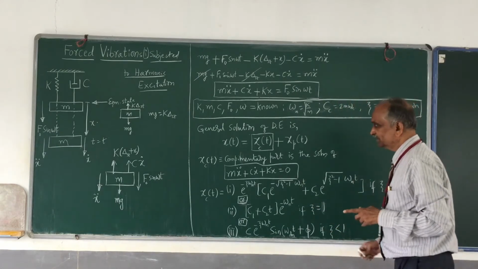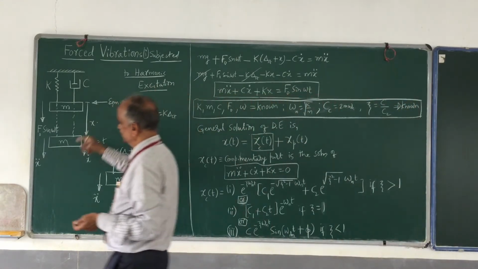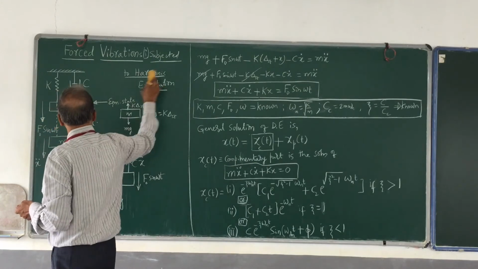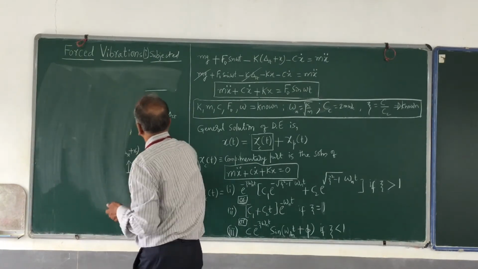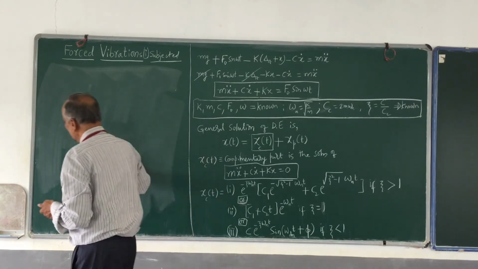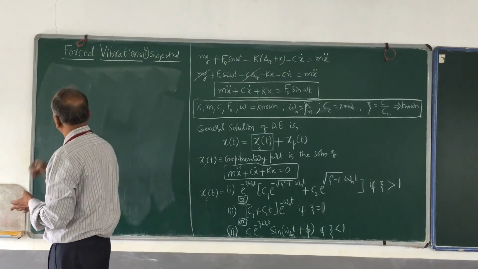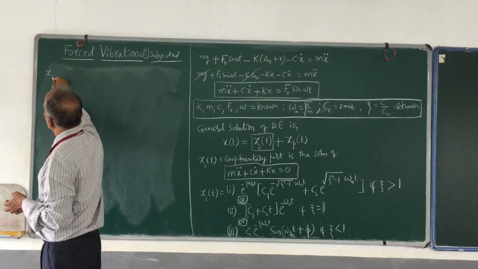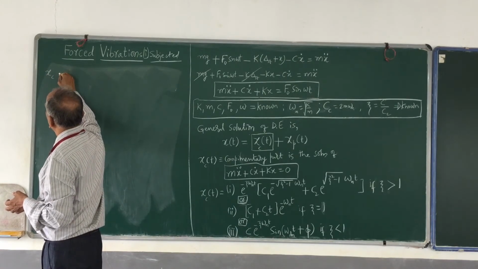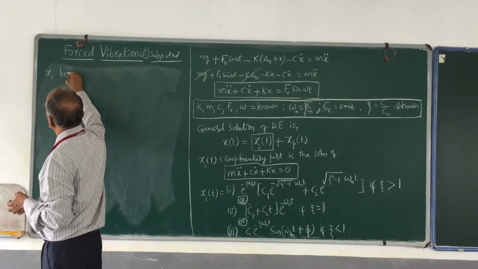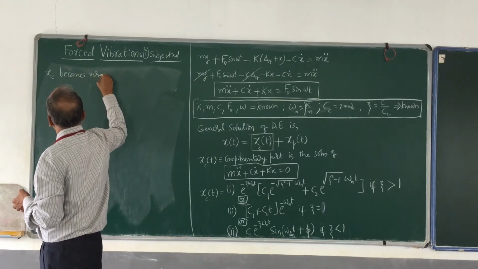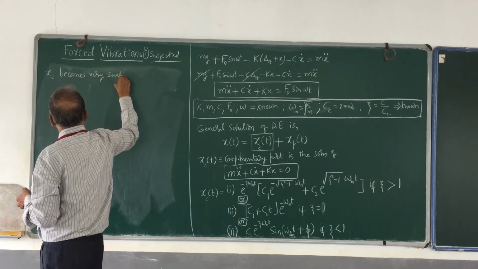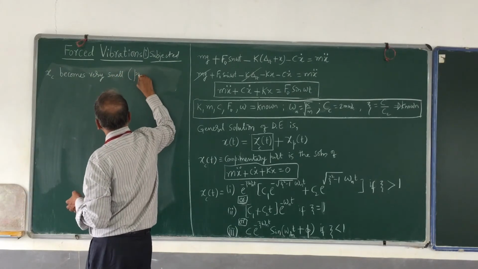So please observe. I shall rub this space now. I don't need this diagram. If required, I can draw it very easily. I have to make certain observations. What is that? So xc diminishes or becomes very small, practically 0.